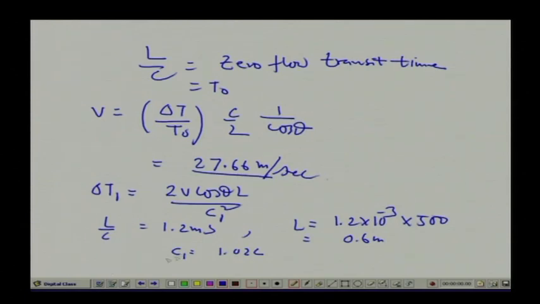So, let us take again a new page. The second case, delta T1 equal to 2 V cos theta L by C square. So, this should be C1 square.